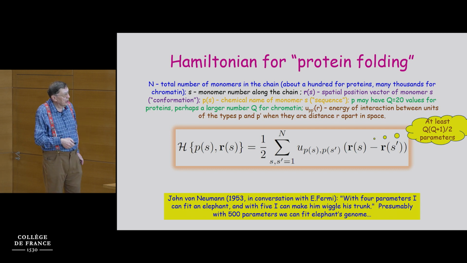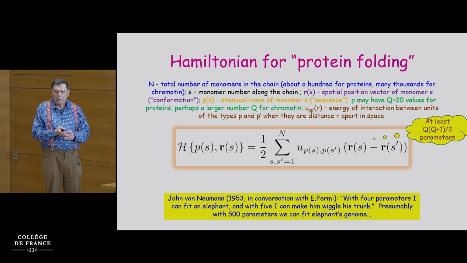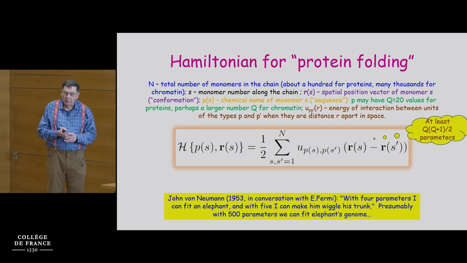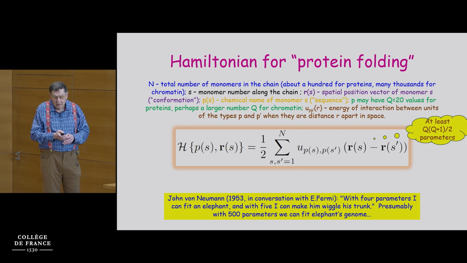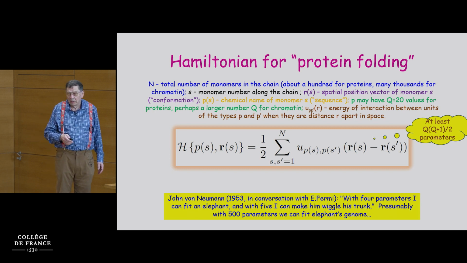Or more accurately, I recently read, with 4 parameters I can fit an elephant, and with 5, I can make him wiggle his trunk. So here you have a model with 500 parameters. Obviously, with 4 parameters you fit an elephant, and with 500 parameters, you can definitely fit an elephant's genome or whatever you want.